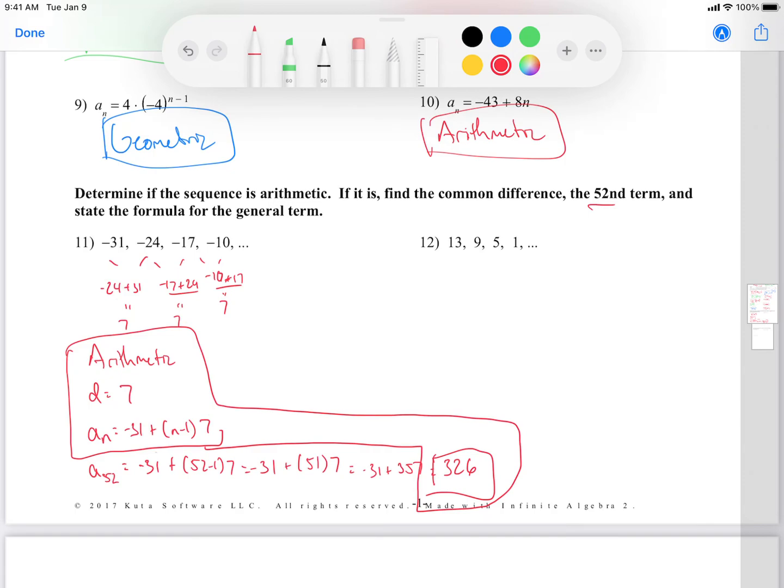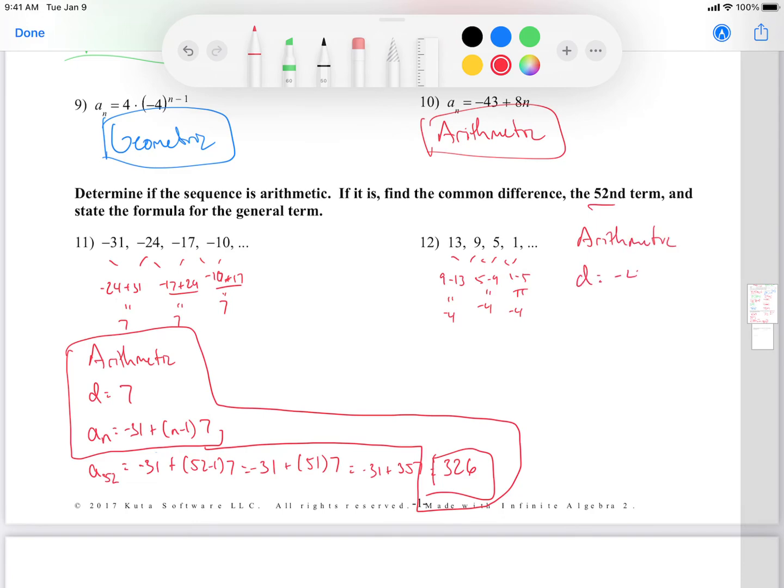Number 12. 9 minus 13 would give me negative 4. 5 minus 9 is equal to negative 4. And 1 minus 5 gives me negative 4. So this is arithmetic.